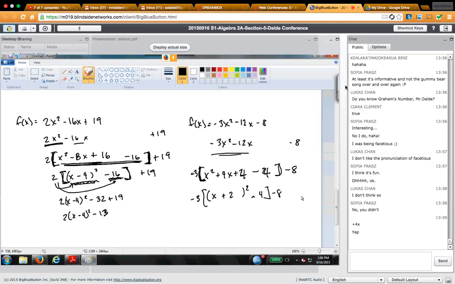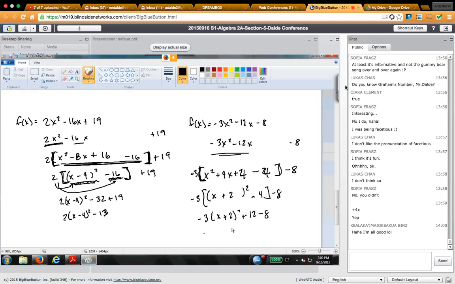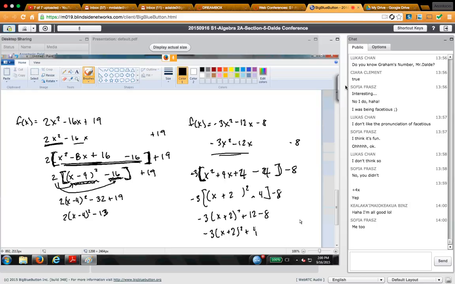Stop me if I'm going too quickly. Negative 3 times x plus 2 squared plus 12 minus 8. So this is negative 3 times x plus 2 squared plus 4. That's it.